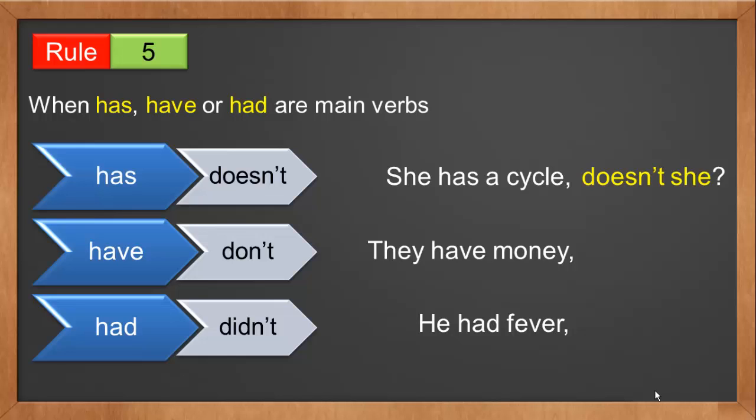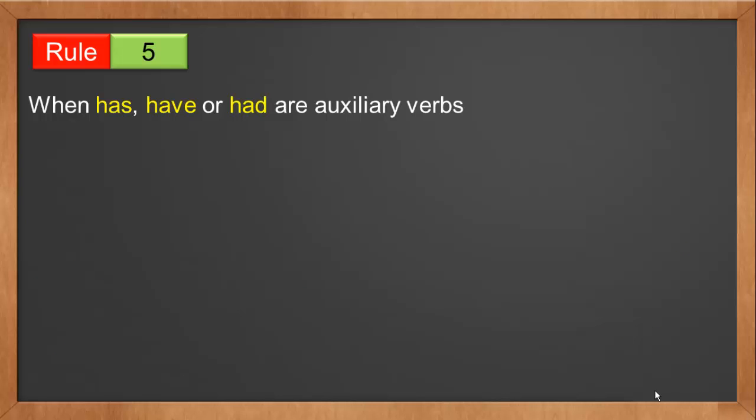They have money, don't they? They do have money, don't they? He had fever, didn't he? He did have fever, didn't he? But now there's the other part of this same rule. So when has, have or had are auxiliary verbs, helping verbs. For example, she has warned us.